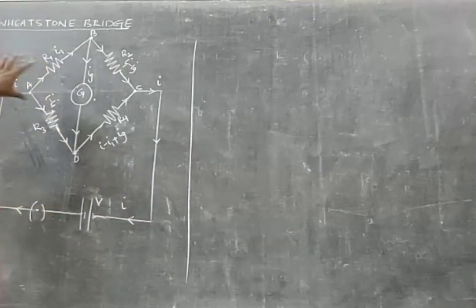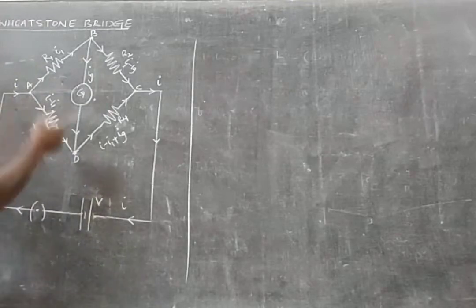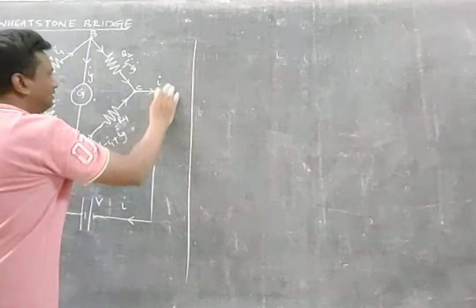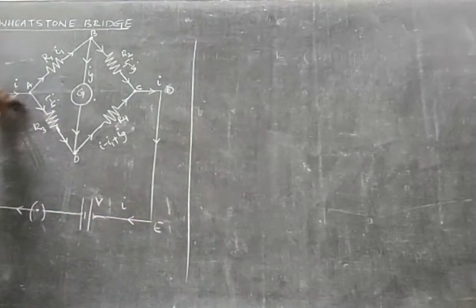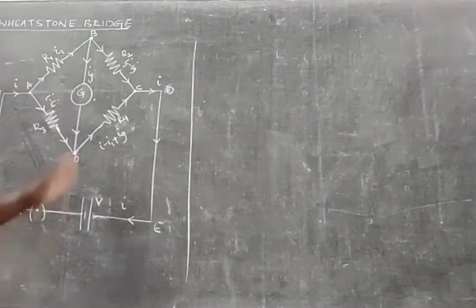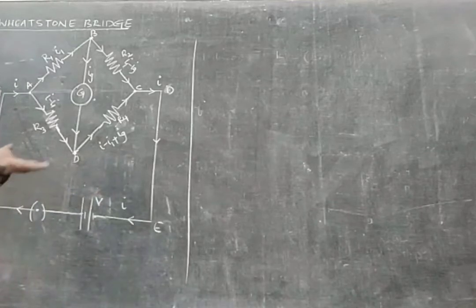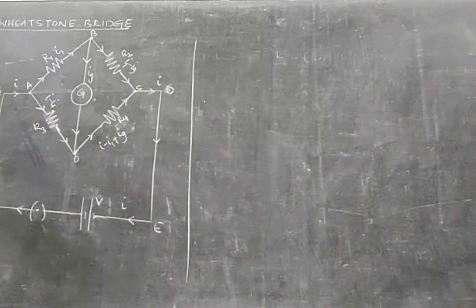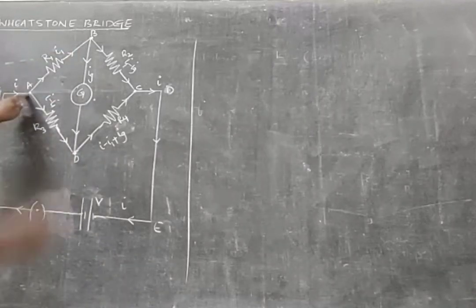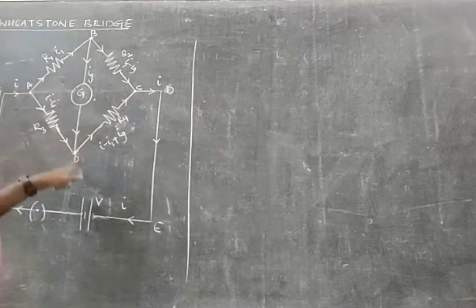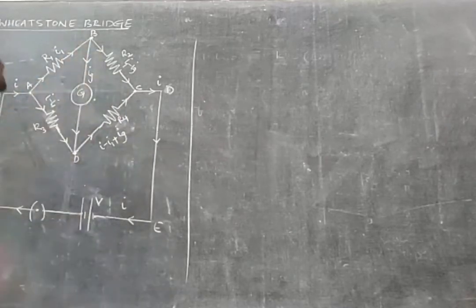So let us consider the loops over here. A, B, C, D, E, F, and G. There are different loops. There are almost 6 loops in this diagram, so you can consider any of the loops. I'll tell you the loops. A, B, D, A is one loop. B, C, D, B is the second loop.